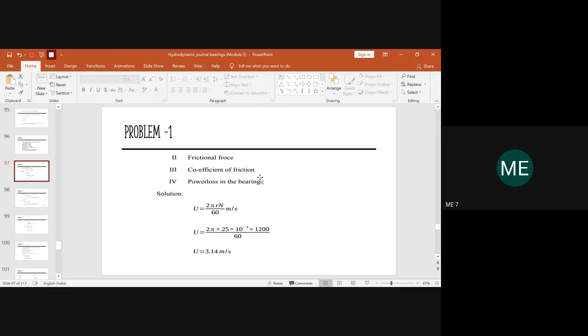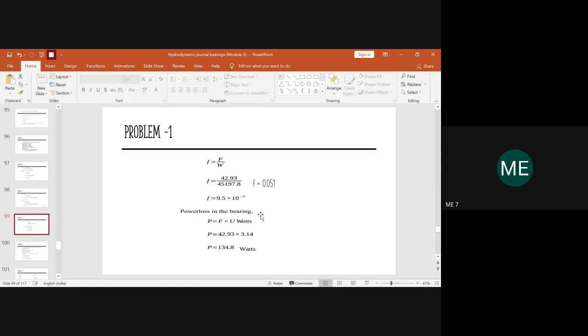So once the coefficient of friction is determined, we need to determine the power loss. What is the amount of power which is being lost? So power loss in the bearing is usually determined by the frictional force, what we have got, into the velocity with which the journal is rotating.